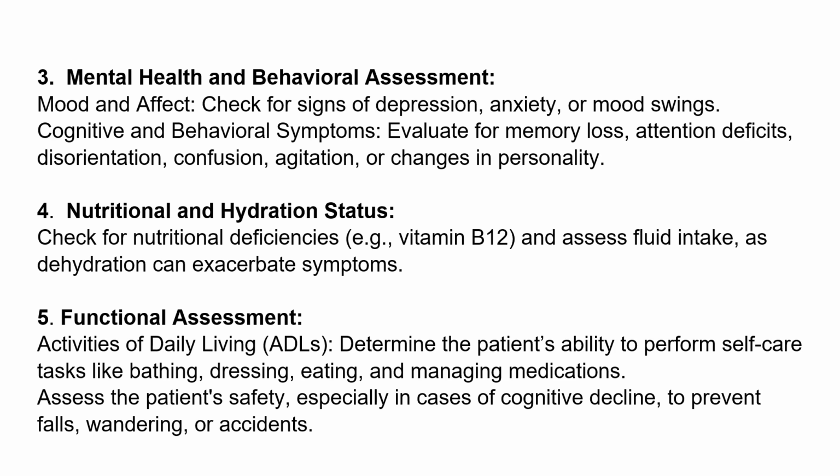Yes, very good. So check for depression, anxiety, mood swings, cognitive and behavioral symptoms. Memory, the attention deficit portion, cognition, orientation, whether there is a confusion state or not, all this you have to keep in mind.